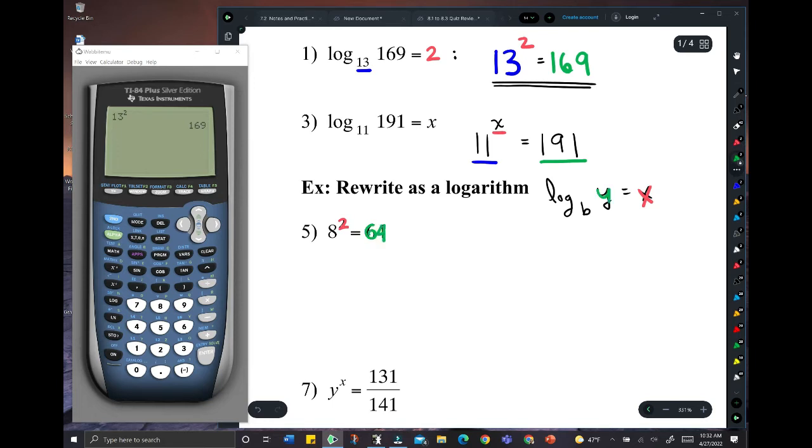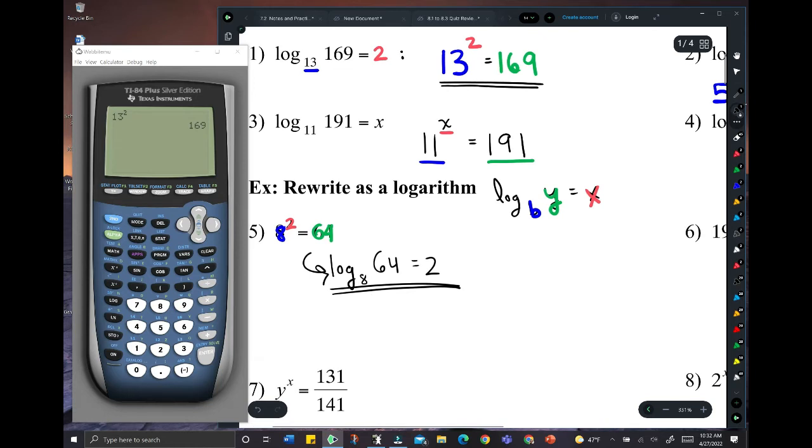The big number, 64, is going to be the y. And 8 is going to be the base. So if we had to rewrite this, it would be log base 8 of 64 equals 2. So that is rewritten there.